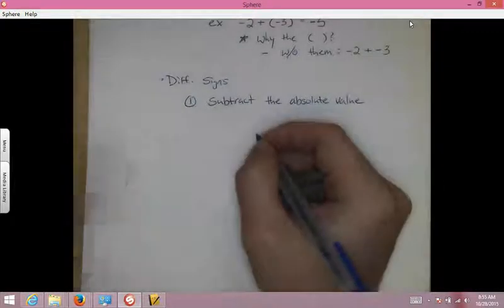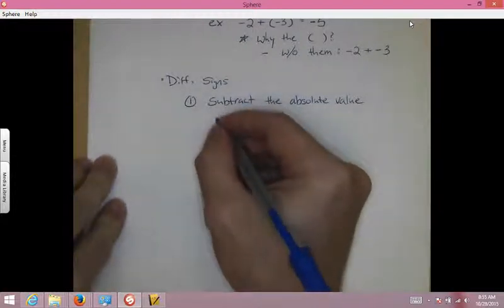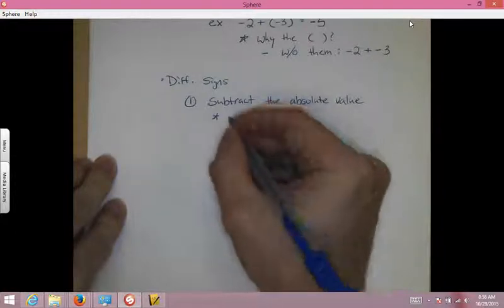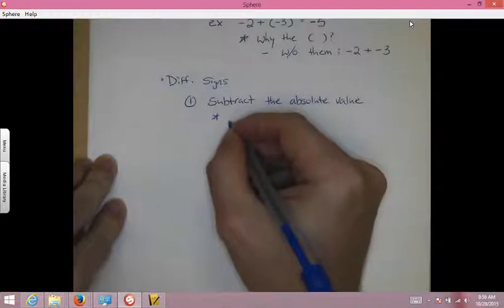But when you subtract the absolute values, there's a couple little things. You need to check your problem and make sure that the larger number is first.